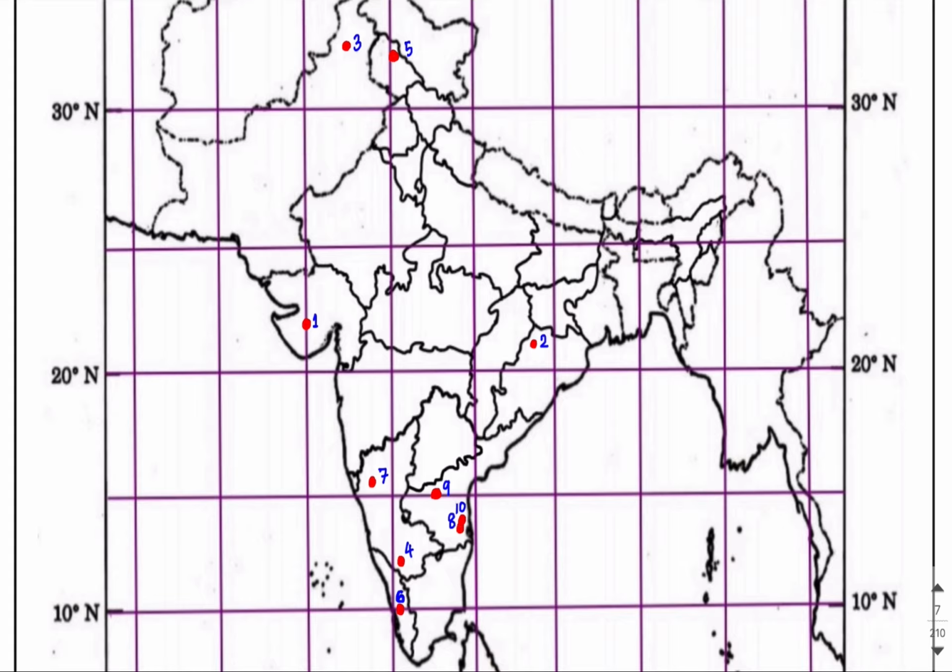Now let us see the second site, which is present in Orissa. You must know that this is Orissa. In Orissa we have a Paleolithic site known as Dari Dungri. Now you have to mention in which district it is present. It is the Sambalpur district of Orissa, right?